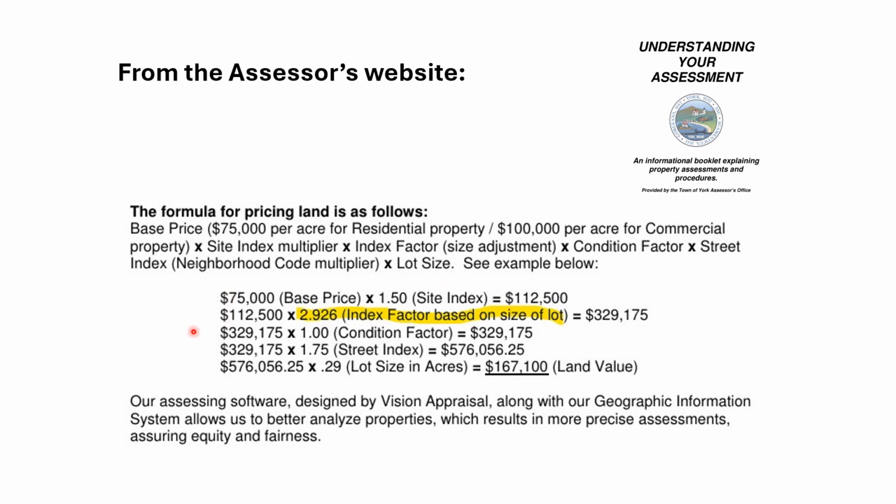It attempts to show you how the calculation is done here, but it really isn't that clear. In fact, there's no real explanation of what these factors are and where the numbers come from.